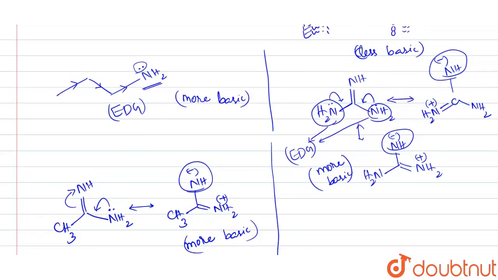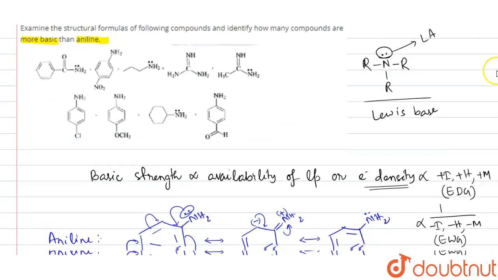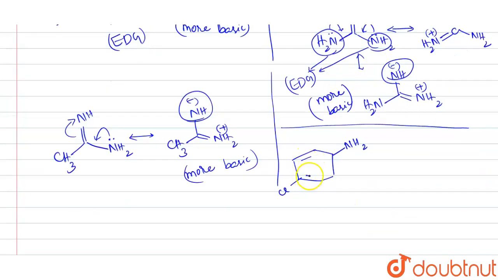Now in the next compound, in this compound, this chlorine has its electron withdrawing effect because this is a minus I group. So being a minus I group, if nitrogen lone pair is shared with this ring, then this pi bond shifts here, and we can see a resonating structure like this.